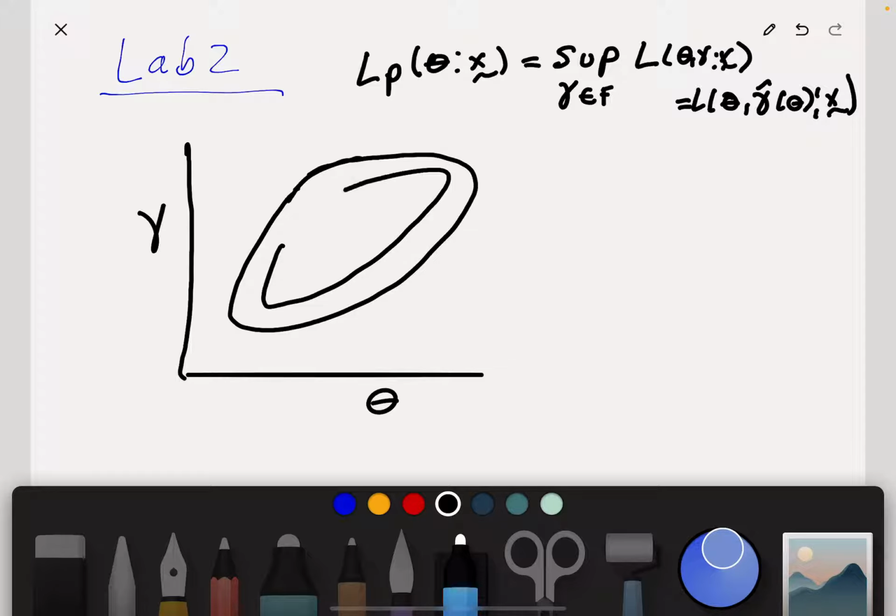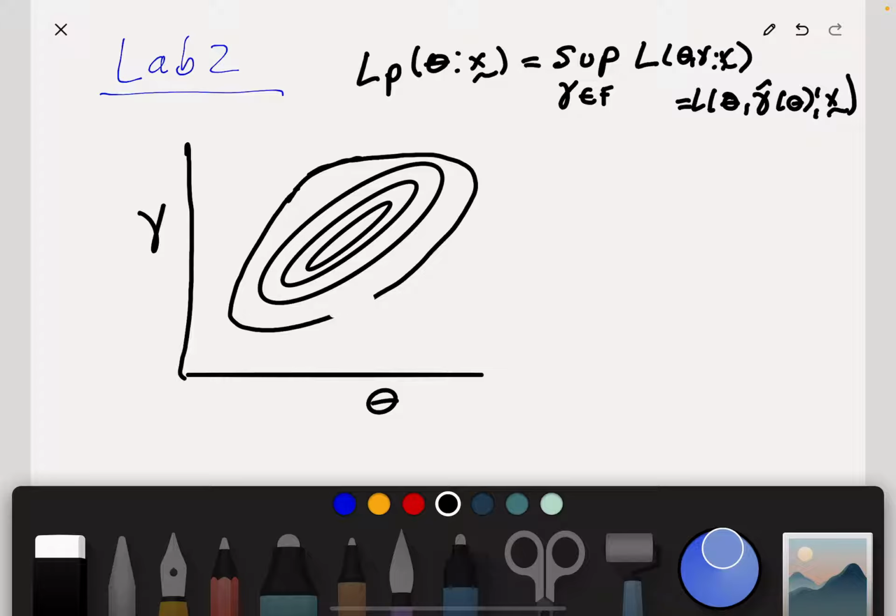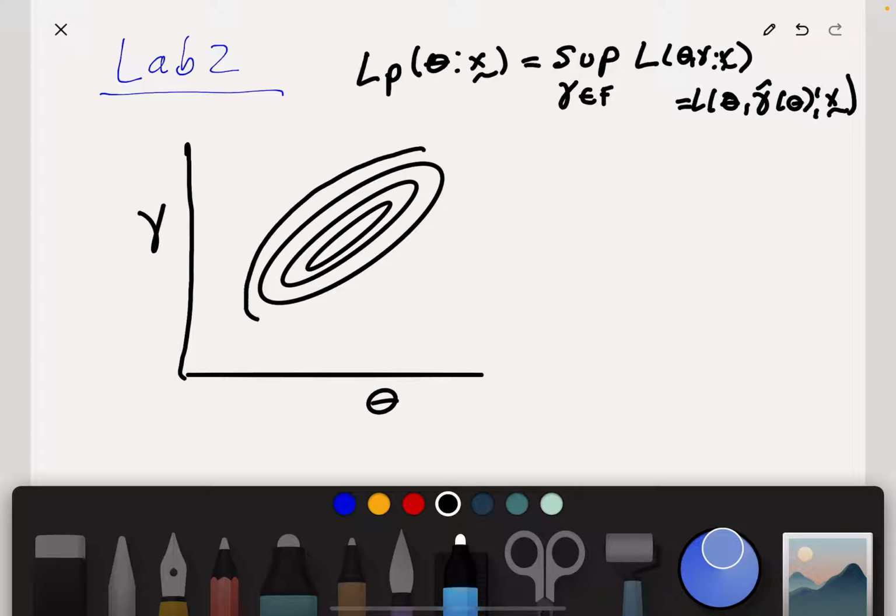The idea here was to show what you were in fact doing when you're doing the maximization. Now I have a few contours, and I'll put a point in here.